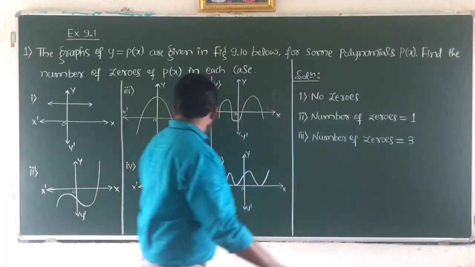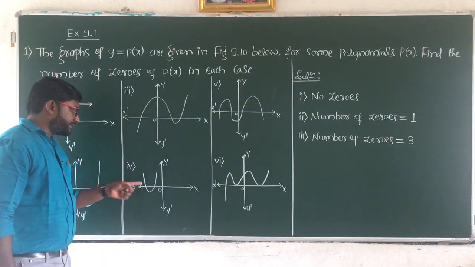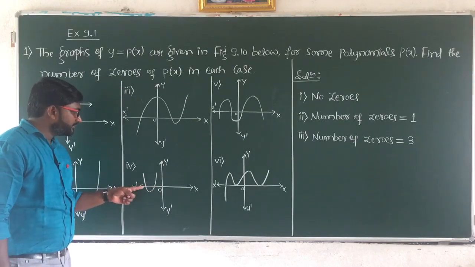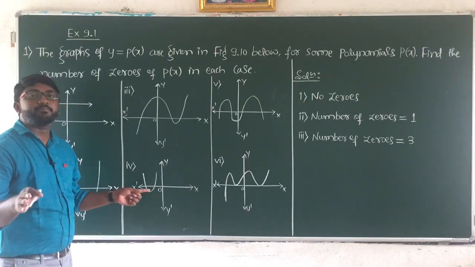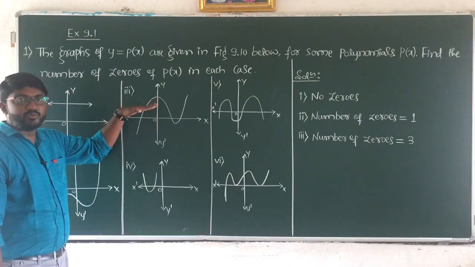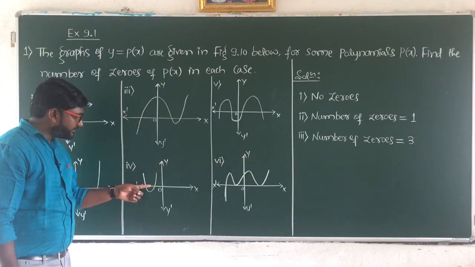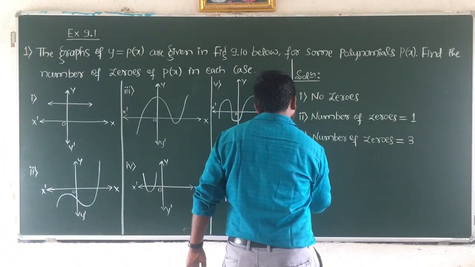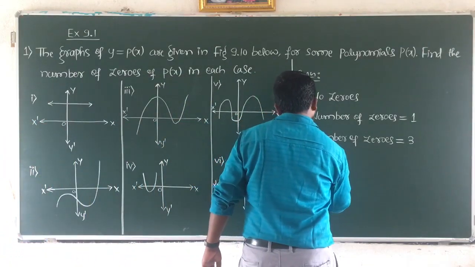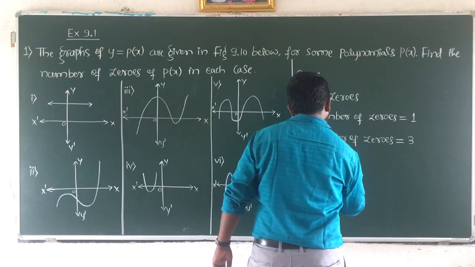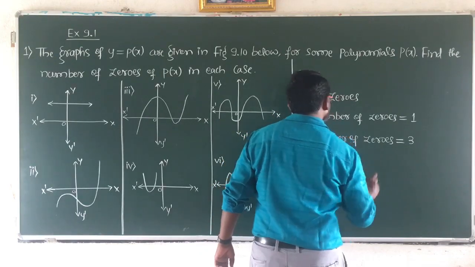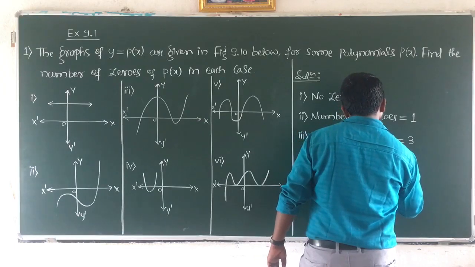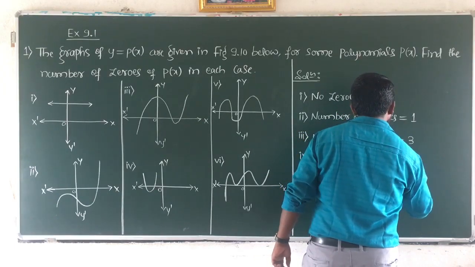Next, so now this graph is intersecting the x axis at 2 points. So for this curve we say that it is a parabola opening upwards. So it is intersecting at 2 points. That means it has got 2 zeros. Number of zeros equals 2.